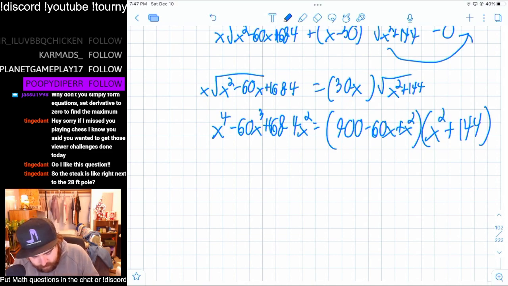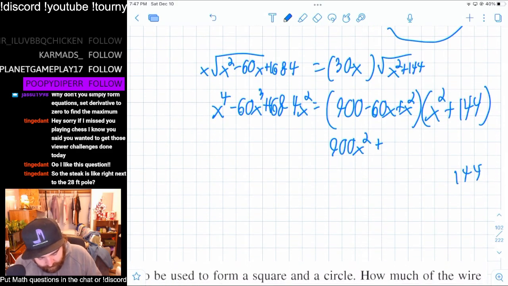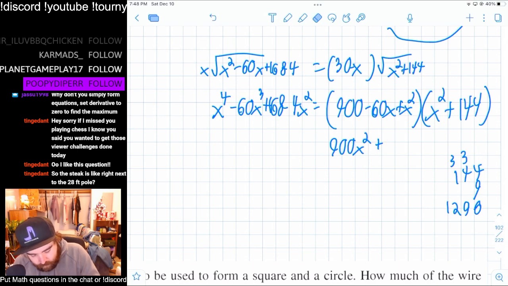So let's go ahead and continue with this. 900x squared. 9 times 144. I already did that too, didn't I? 1296. And that's plus 1296. And then minus 60x cubed.